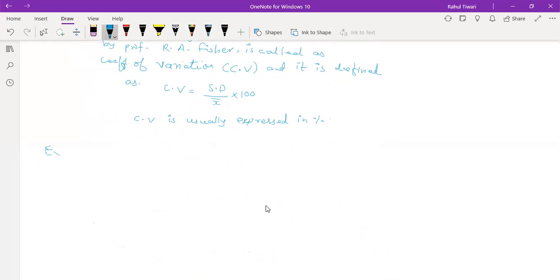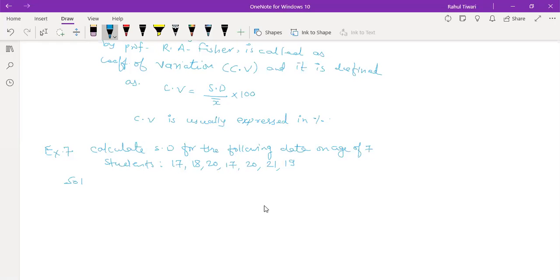Calculate the standard deviation for the following data on age of 7 students: 17, 18, 20, 17, 20, 21, 19.